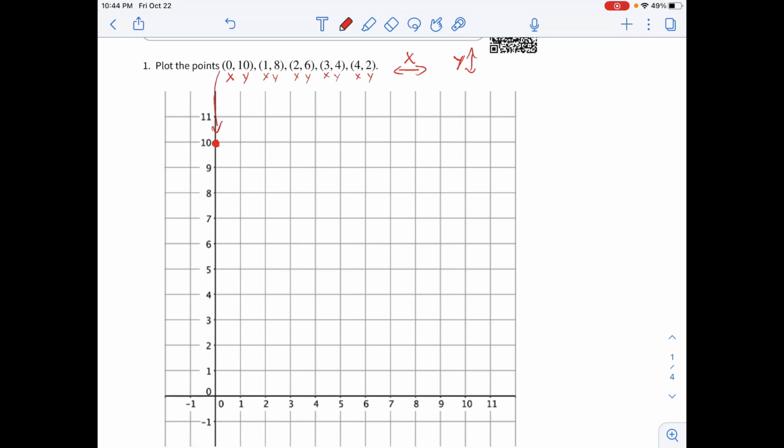Next one, 1, 8, so go 1 on our x, up to 8. 2, 6. 3, 4. And then 4, 2.